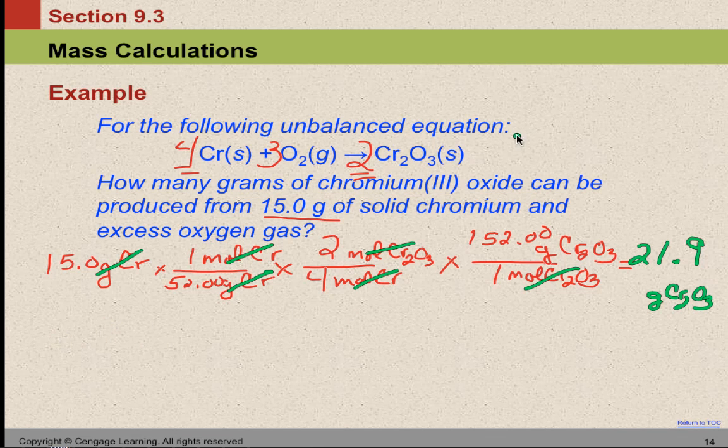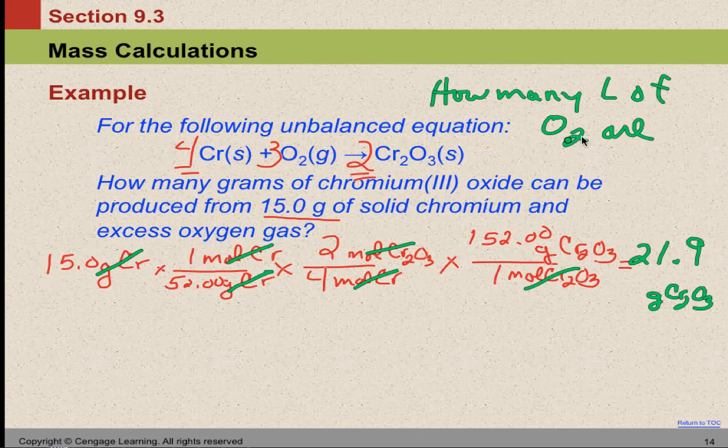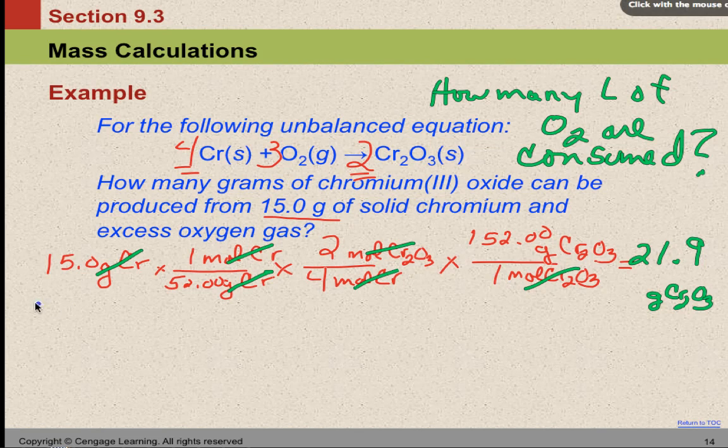Okay. So I'm going to add the question: how many liters of oxygen are consumed? I'm going to start with the 15.0 grams of chromium again.